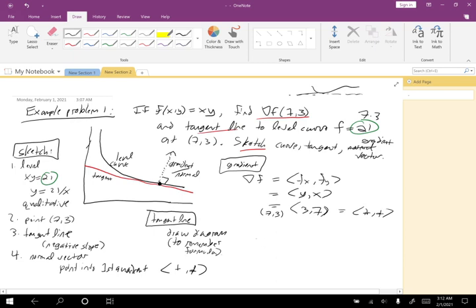So the tangent line formula is the normal vector times the tangent vector equals 0. Okay? If I just use this diagram right here, here's a tangent vector. Clearly, it's going to be orthogonal to that normal vector. So that's the tangent line equation.